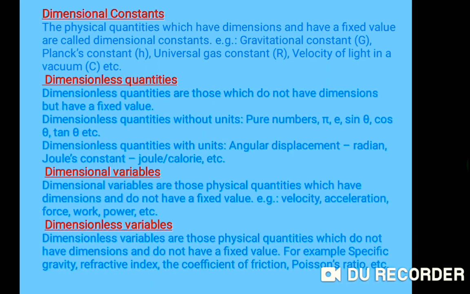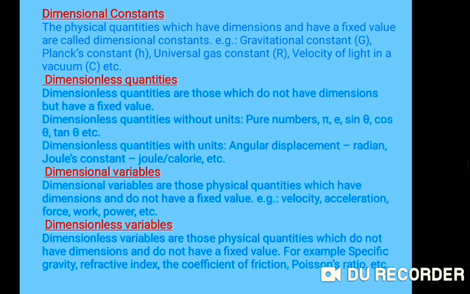See, this is a constant, but it has a fixed value. So, gravitational constant is a dimensional constant. Planck's constant, universal gas constant, velocity of light in vacuum, these all have a fixed value and dimensions.